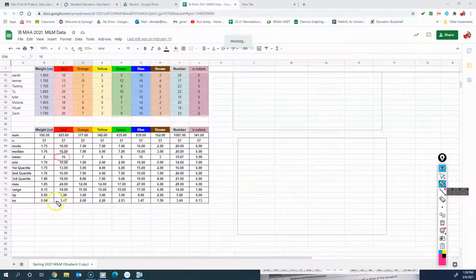Now, if you look down here, here's the deviation for the red M&Ms. It's 3.47. Here's how you think about it.